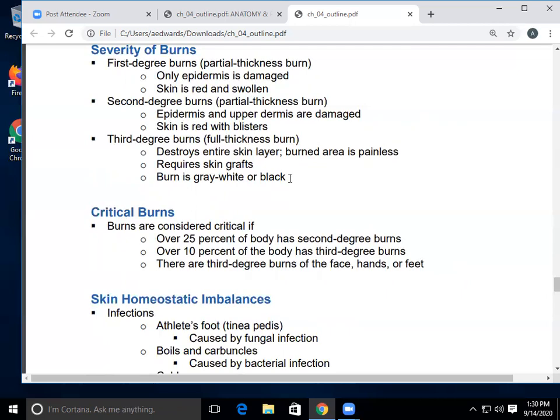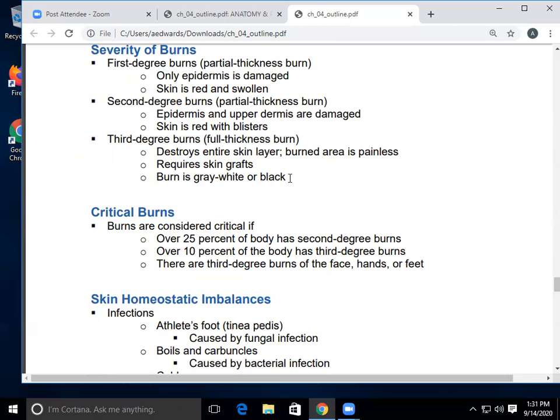A third degree burn is considered full thickness because you destroy the entire skin layer, the epidermis and the dermis. The burned area is actually painless, because you've destroyed those nerves in the dermis, so you're not sensing pain. Skin grafts are necessary at that point because it's not going to heal on its own.